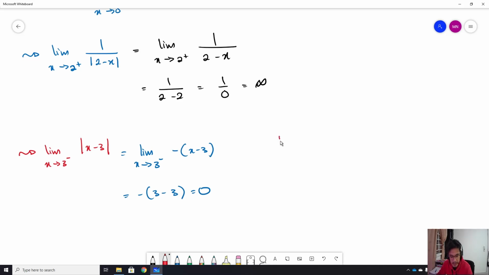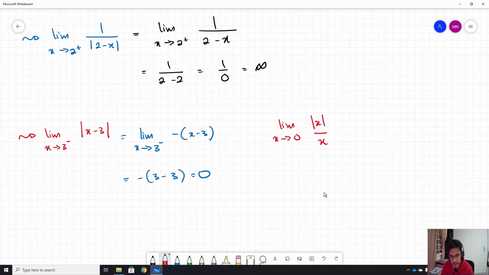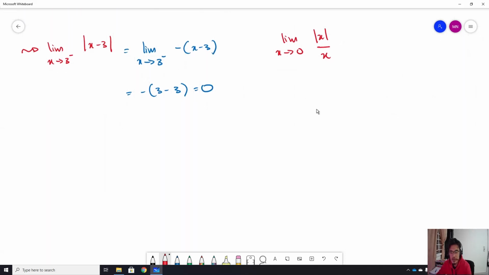And another example is limit x approaching 0 for modulus of x over x. So this, sebabkan dia tak bagi tahu coming from the left or from the right, we need to consider both situations. So limit x approaching 0 from the right side is positive x over x, while limit x approaching 0 from the left side is negative x over x.